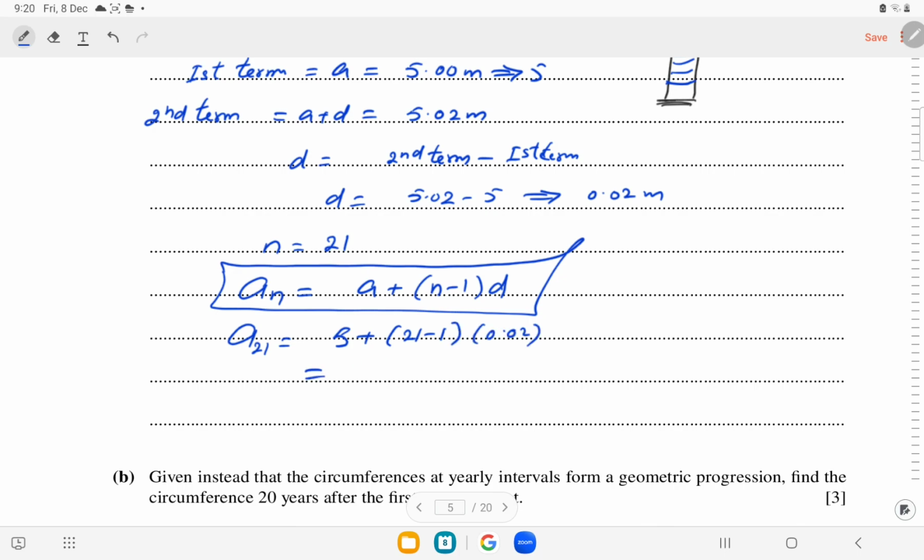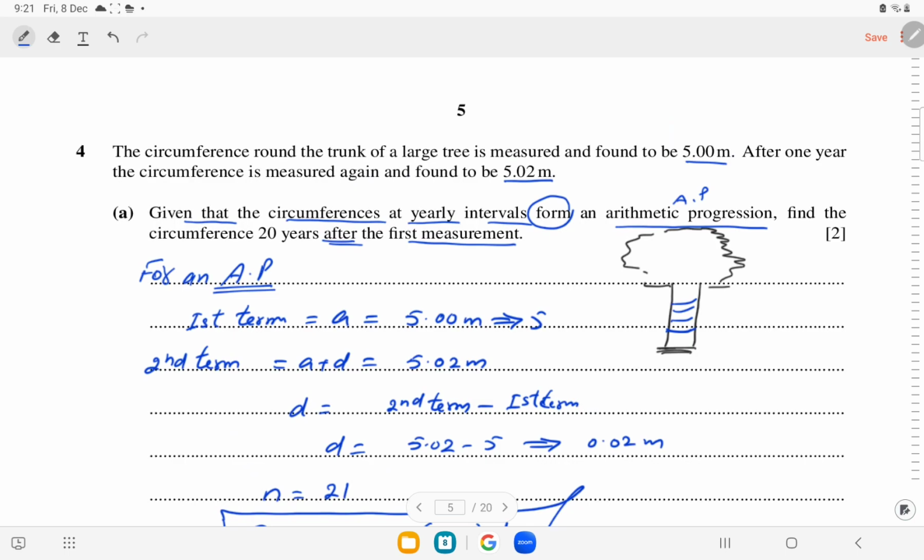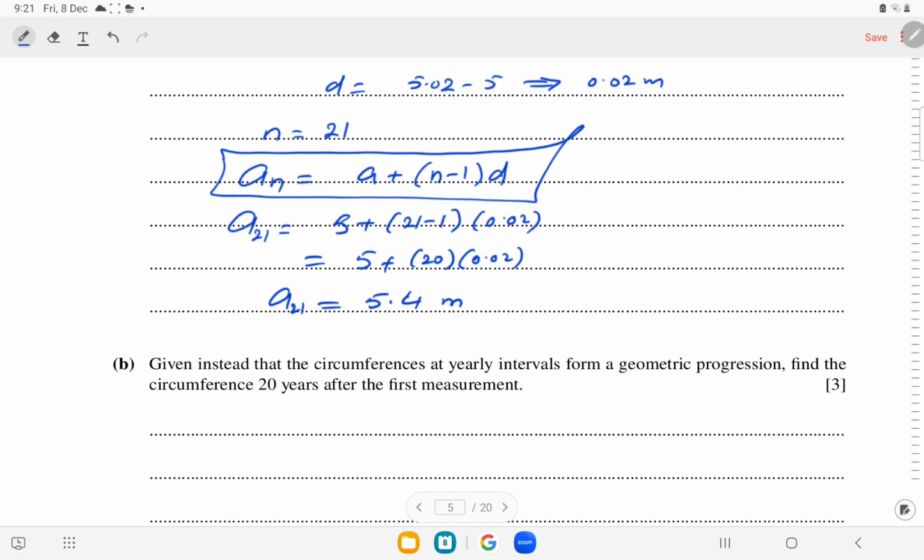You can calculate it: 5 plus 20 times 0.02, and we'll get 5.4 meter. That will be the trunk circumference after 20 years. That is the final answer. I hope you got it.